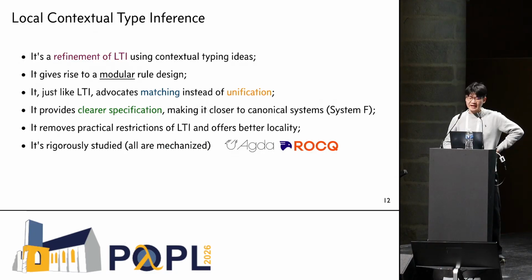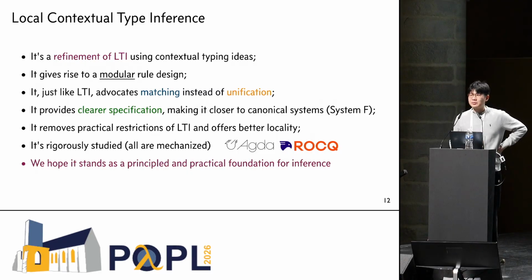It's rigorously studied. Everything has been mechanized in the Agda and Rocq prover. To our knowledge, we are the first to mechanize the local type inference algorithms in proof assistants. We hope it can stand as a principled and practical foundation for inference algorithms and languages, as a base model for future researchers.